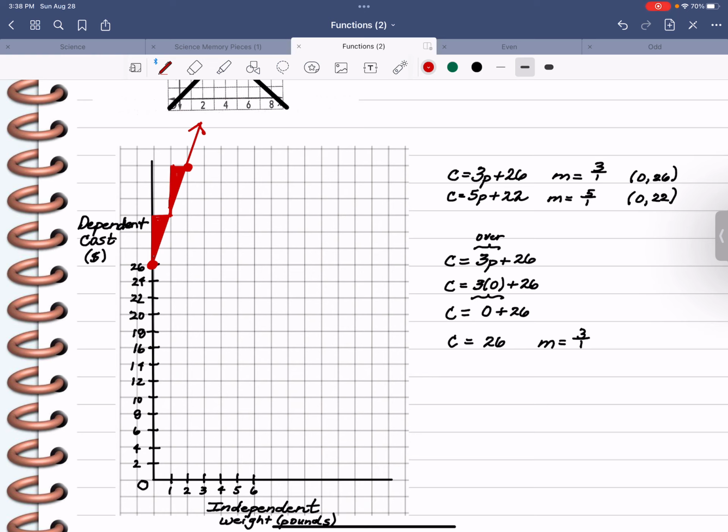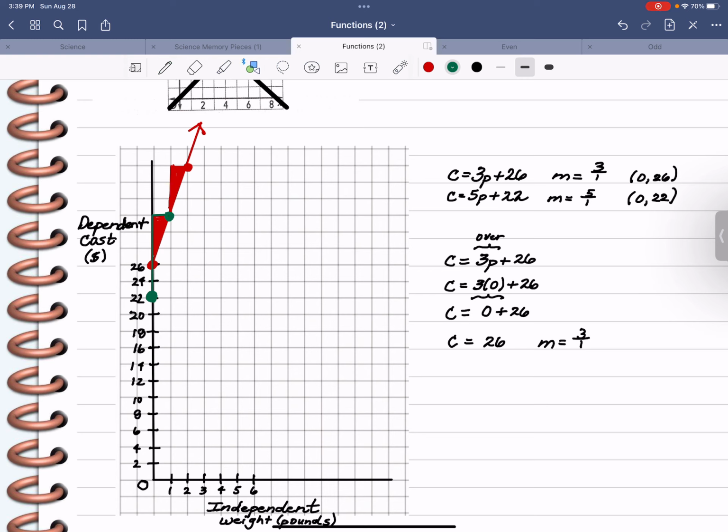All right, let's go ahead and plot our other point where the intercept is 22. So you have no pounds, but you still owe the flat fee of $22. And then this one's going to climb 5 and run 1. So up 5 boxes, 1, 2, 3, 4, 5, and run 1. Now look at what happens right here. That graph is going to intersect the other graph.